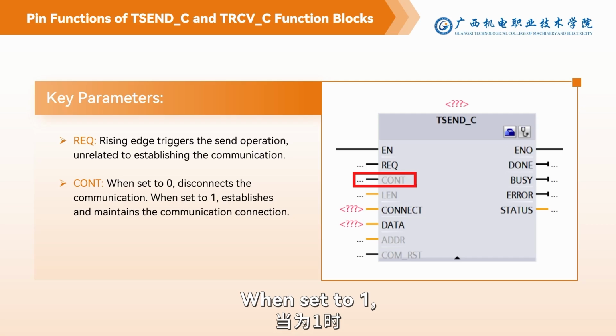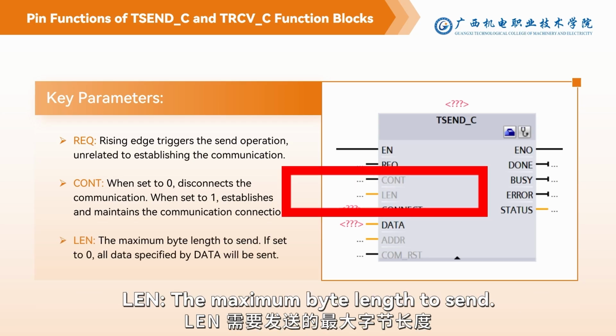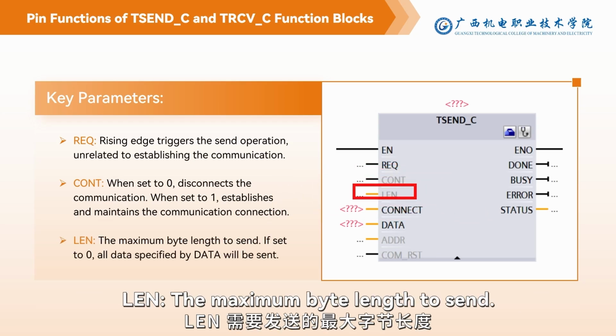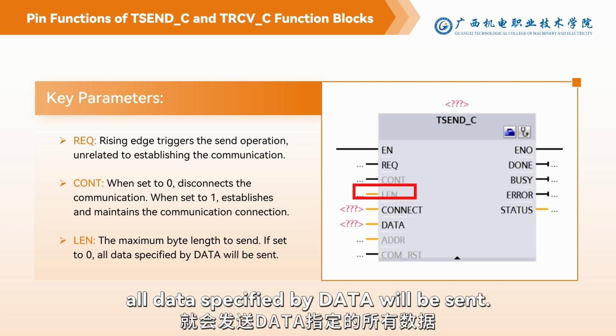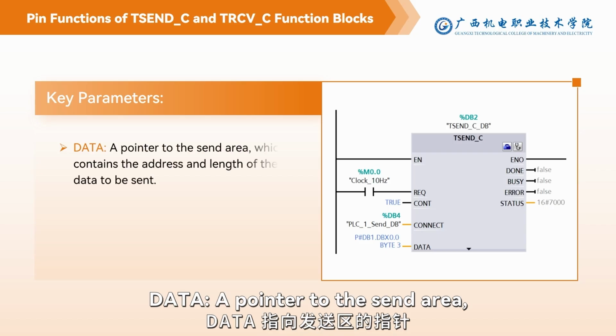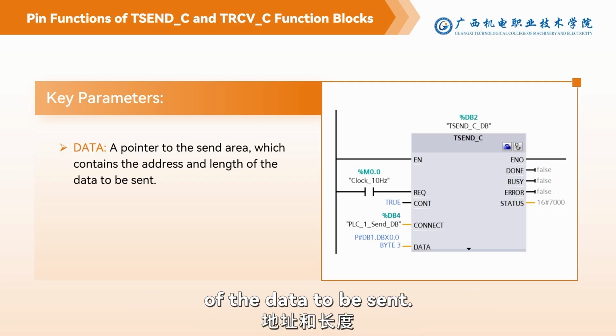When set to 1, it establishes and maintains the communication connection. LEN, the maximum byte length to send. If set to 0, all data specified by Data will be sent. Data, a pointer to the send area, which contains the address and the length of the data to be sent.